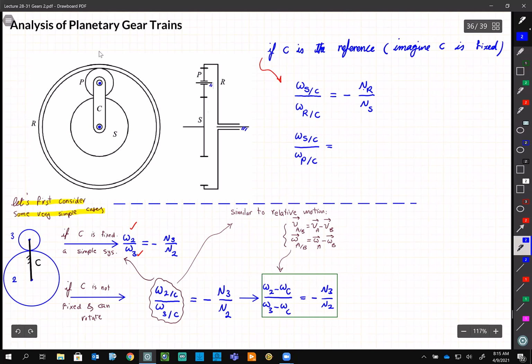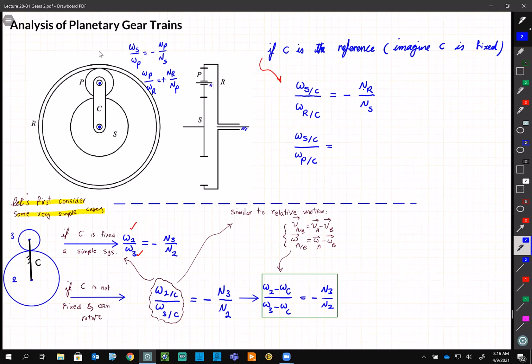We can get rid of P. We can write omega S over omega P, which gives minus NP over NS, and then omega P over omega R gives plus NR over NP. Multiply them, get rid of NP, and you're going to have NR over NS with a minus sign.